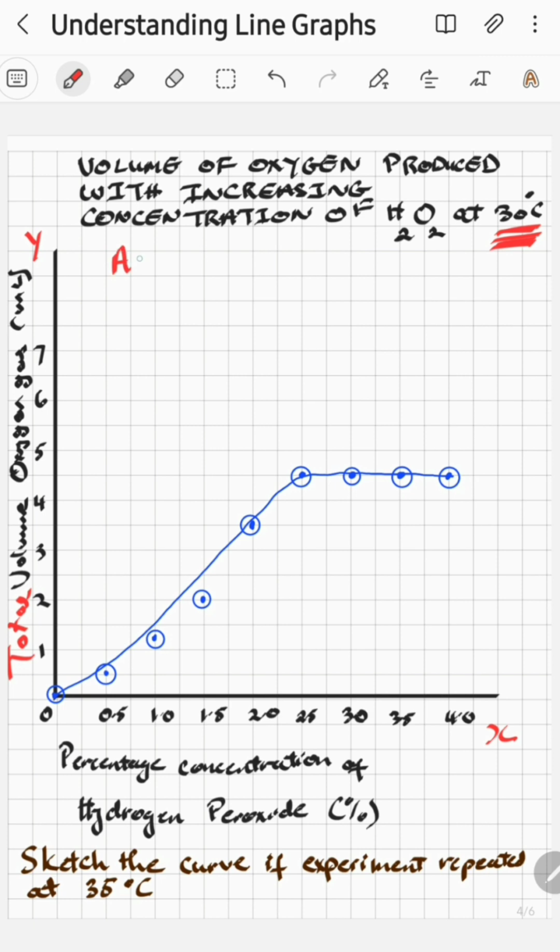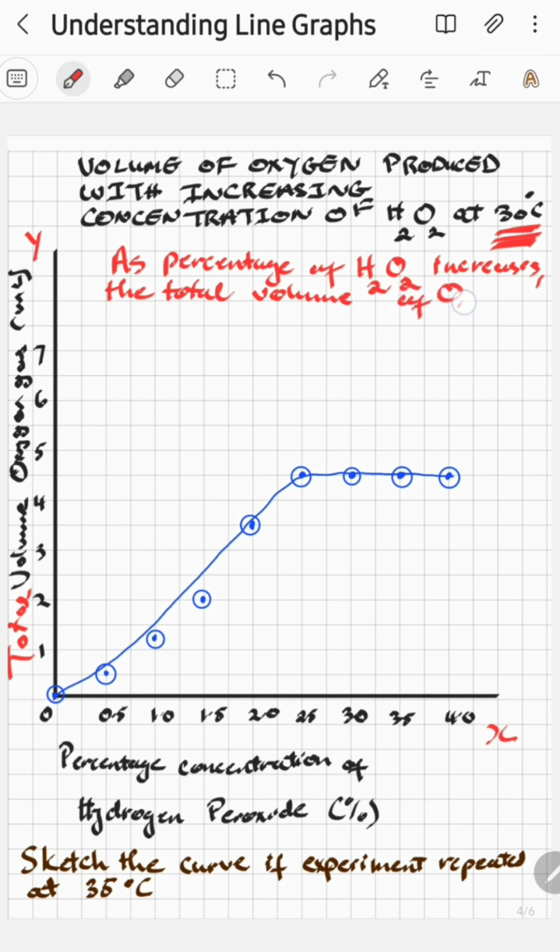So we're going to say as the percentage of hydrogen peroxide, which is H2O2, increases, the total volume of oxygen, which is O2, increases, okay, until it gets to what? 2.5% concentration of hydrogen peroxide.